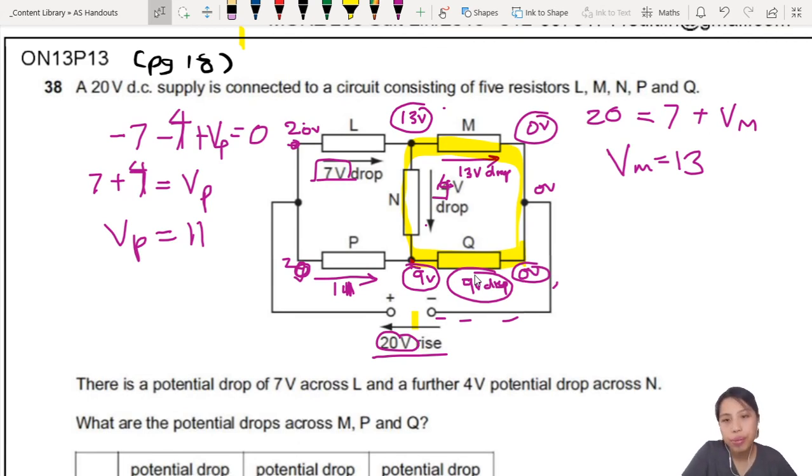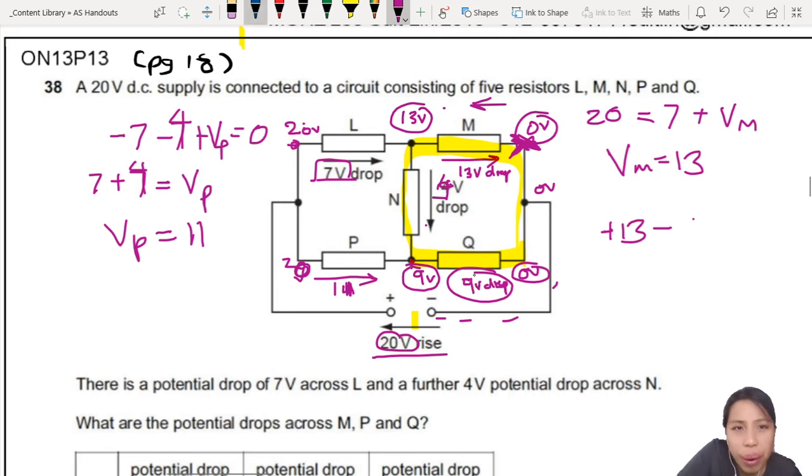We start from where? Just choose a point lah, here lah. The X here. Which way shall I go? Any way goes, doesn't matter. Let's go up this way across M first. So then you're going up the hill. So you have to plus 13. Then you drop, you go down by, is that 4? I can't see, I draw too much over it. 4. Then from Q, you're going down some more, 9. That one is what we're trying to find.